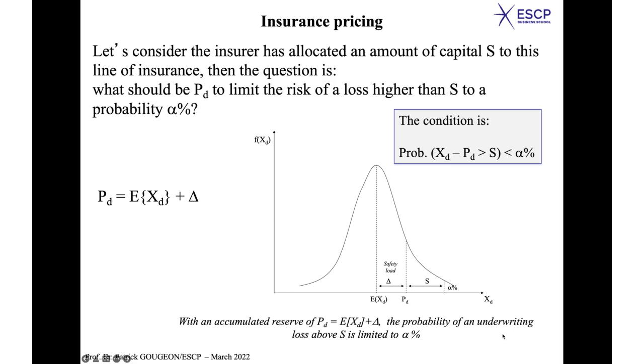If you have this, then you can be sure that the probability of a loss higher than S will be lower than alpha%, okay? So this is a justification for a safety load.